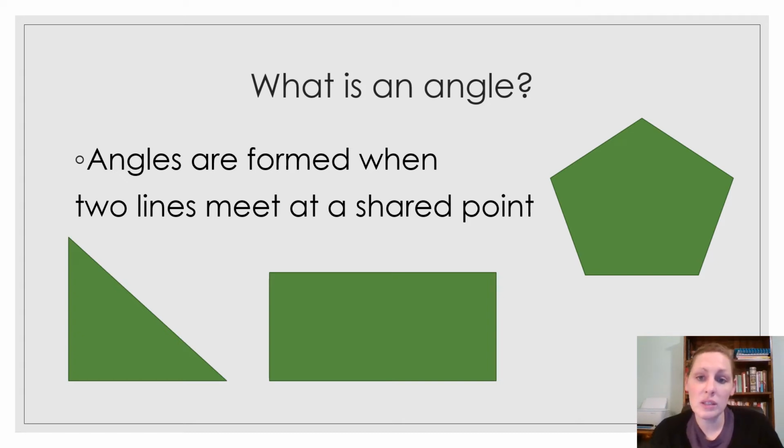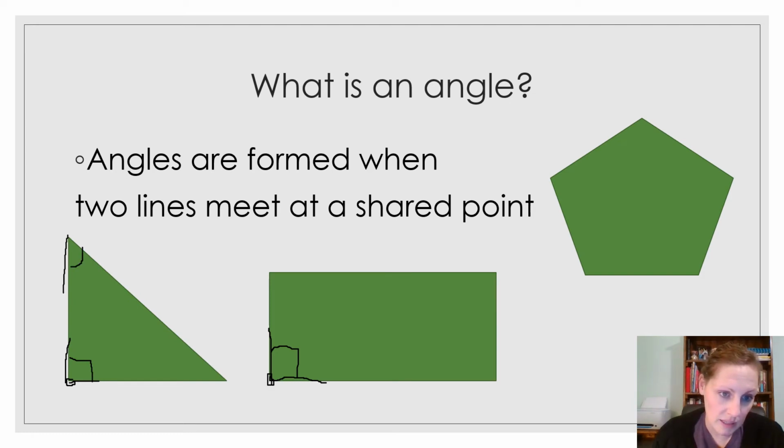An angle is formed when 2 lines meet at a shared point. For example, here is a shared point. This line and this line meet there. So this is called an angle. Here we have another line and the line meet. So at the corner, you see the inside is an angle. Here is another angle.